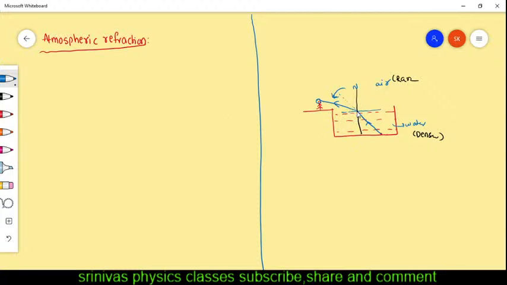Now when we extend this light ray backwards, it goes this side.